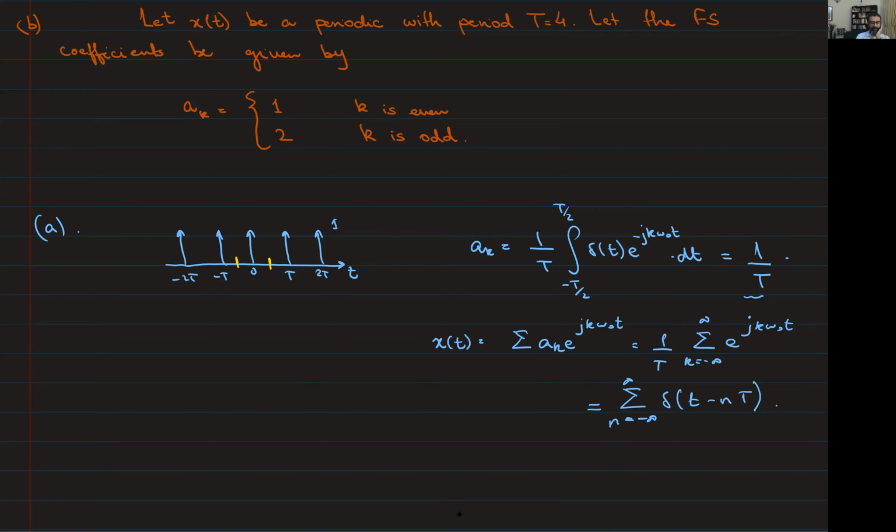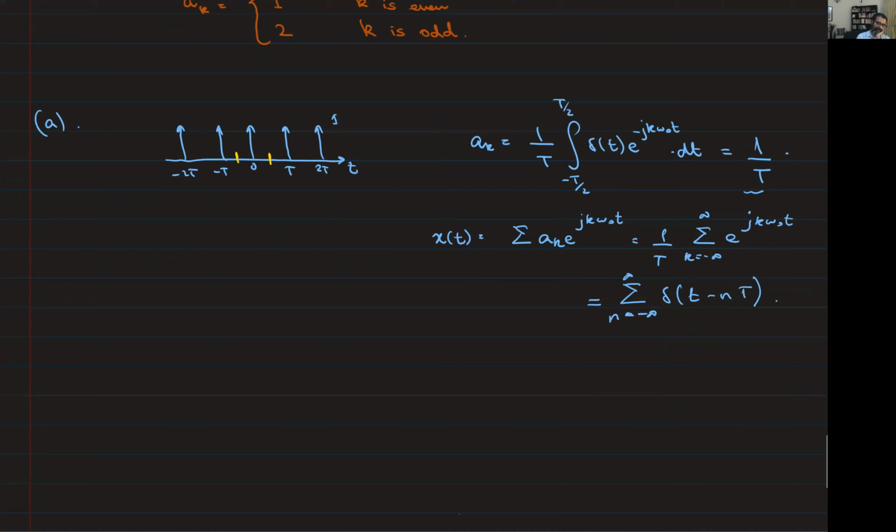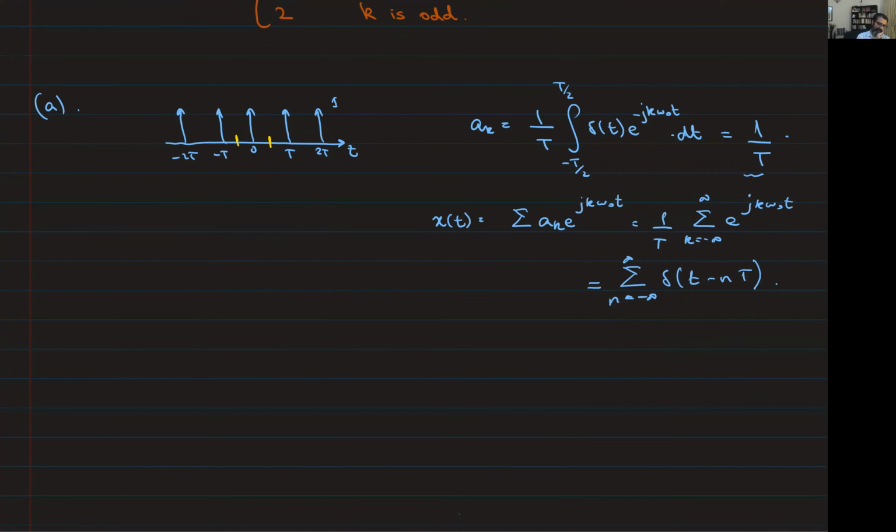So I would rather use this result that I just derived, the summation from n equals minus infinity to plus infinity of delta of t minus nT. This results in Fourier series coefficients which are always equal to 1.